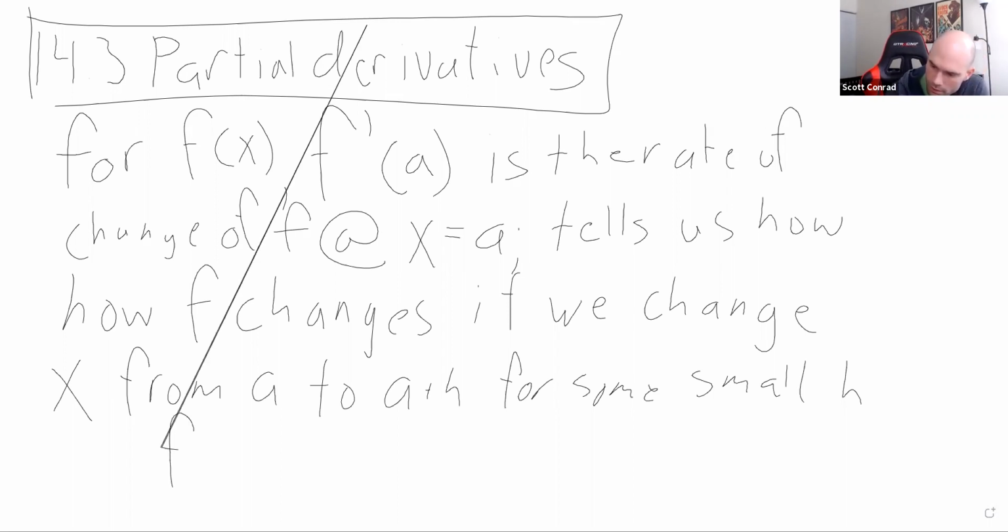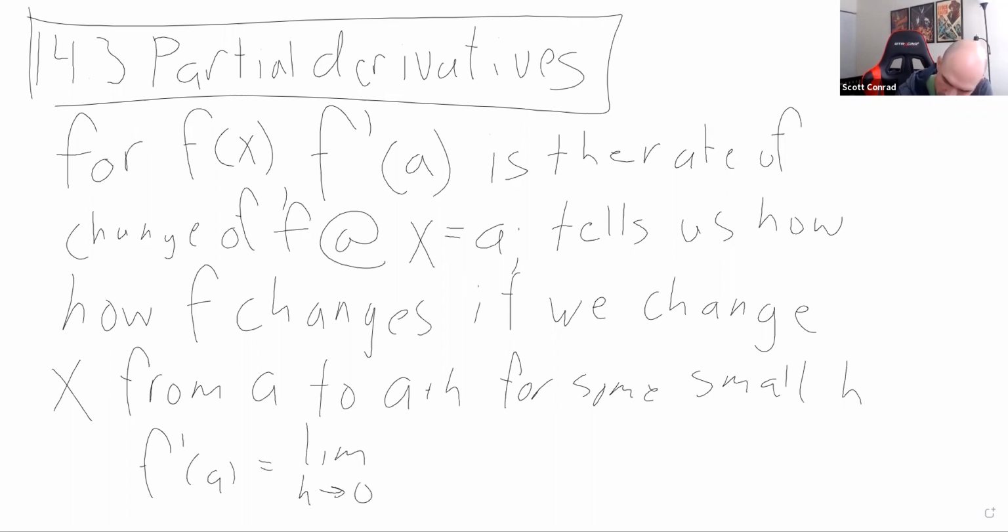So f prime of a, the limit definition, is the limit as h goes to 0 of the difference in f when we change x from a to a plus h, so that's the change in f, over how much we changed x by, h. And if you want an approximation, you can just take away the limit.